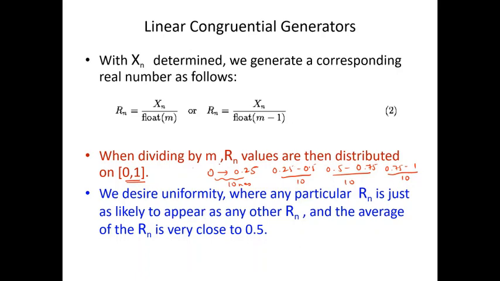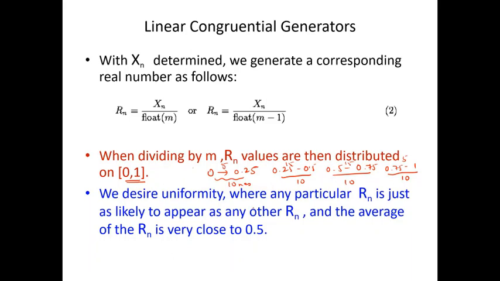Say for example, I have 5 here, 15 here, another 15 here and 5 here. Then there is no uniformity in the distribution of random numbers. So please remember, the more uniform the distribution is, the better. So it is more close to randomness.